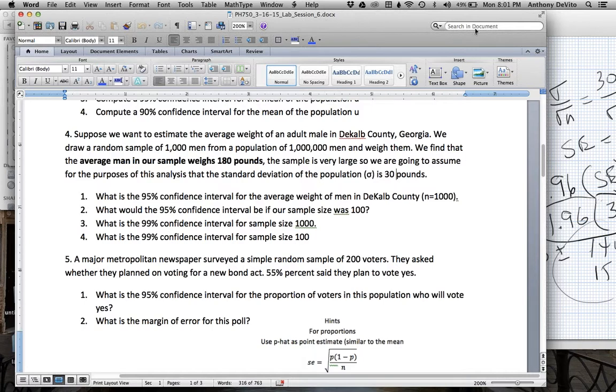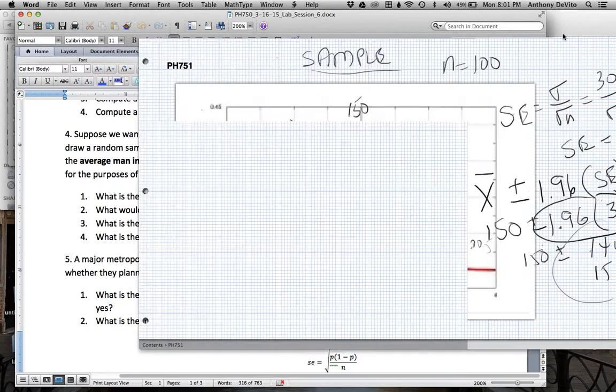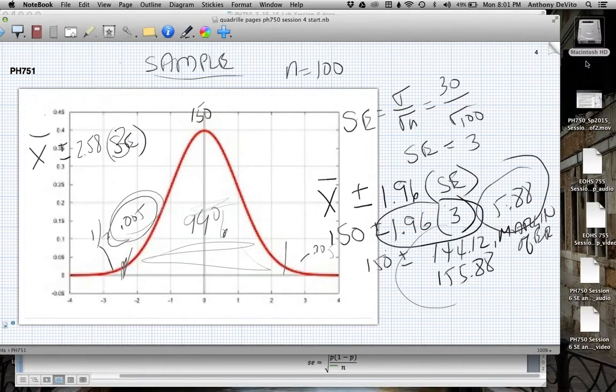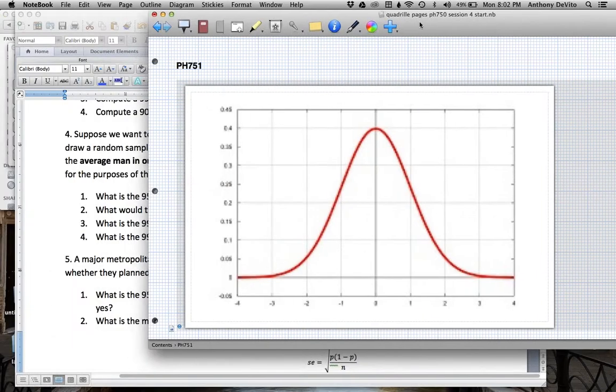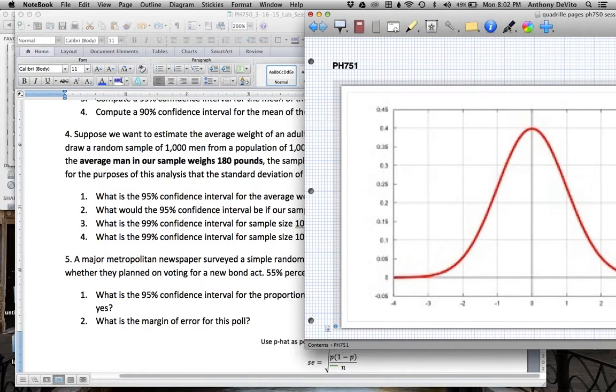Well, first thing I need is my margin of error and my standard error. I'm going to work with you on this one.